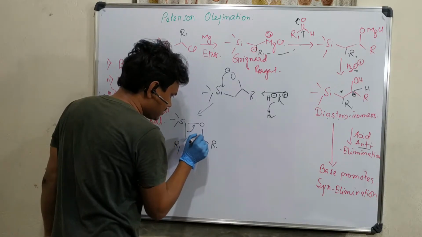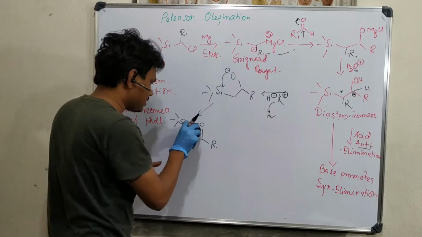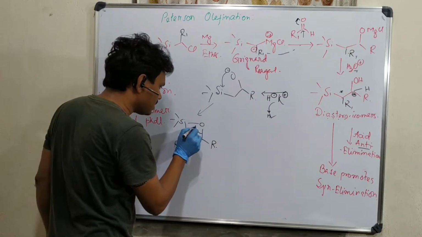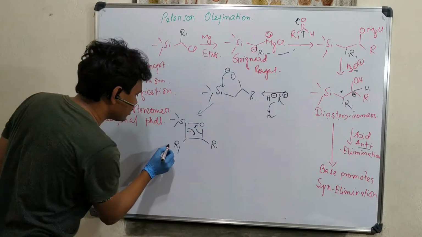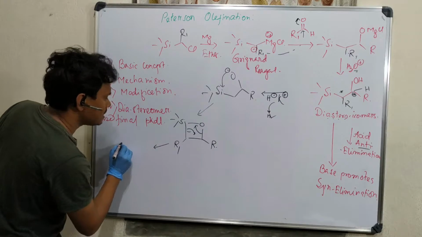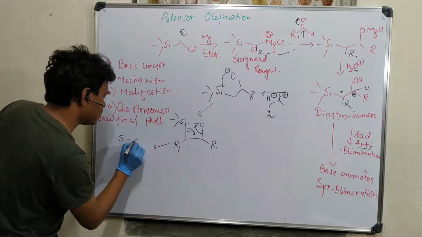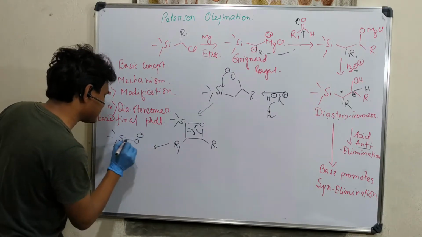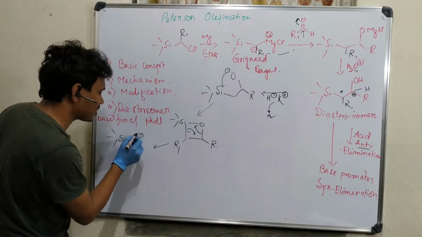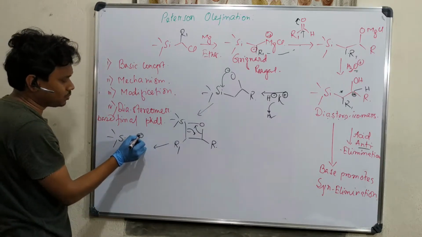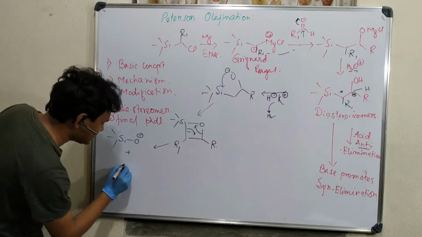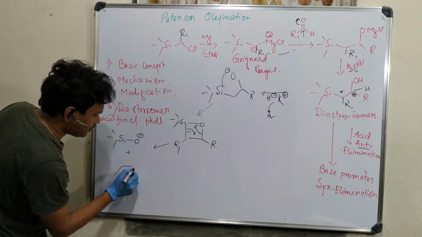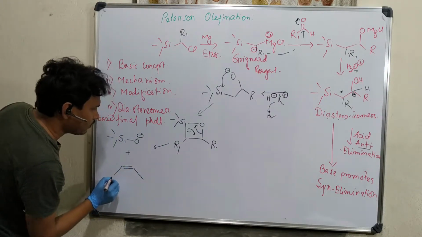To produce finally the silicon-oxygen bond, and we know the silicon-oxygen bond is stable due to multiple bond character, because the lone pair electron density can be delocalized into the vacant orbital of silicon.